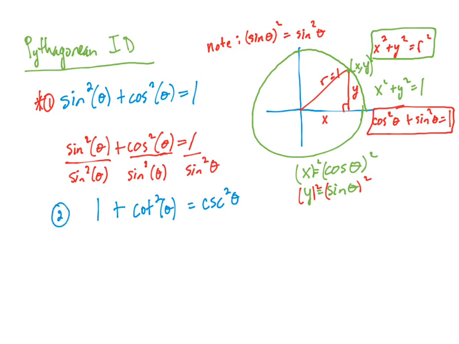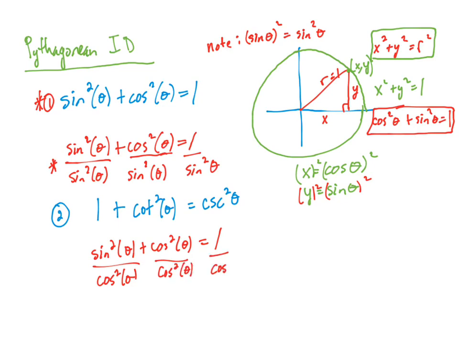And now, instead of dividing everything by sine squared, let's take the original identity and divide this time by cosine squared. And doing so, that first term will be sine squared over cosine squared, which is tangent.